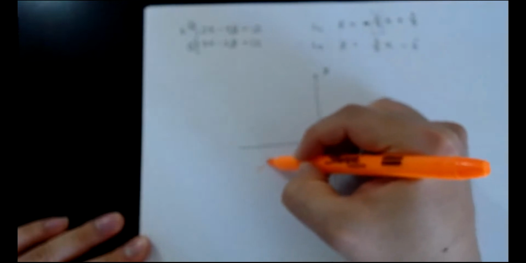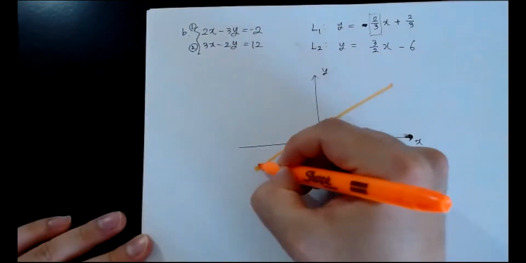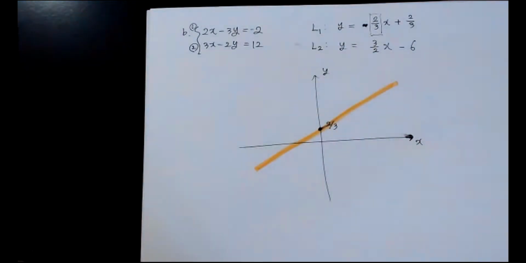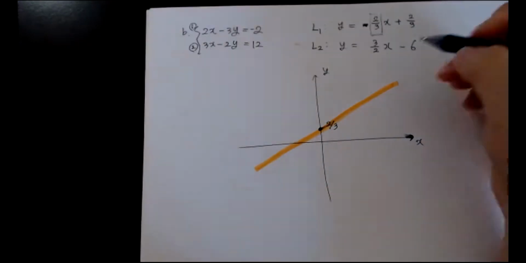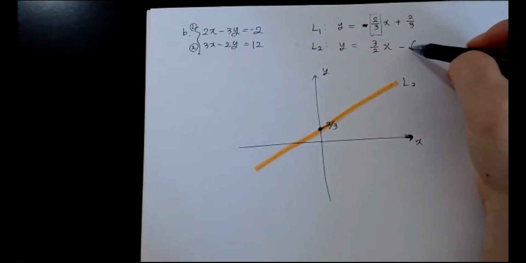Maybe like this. Okay, so this is the graph of L1. For L2, you see that -6?